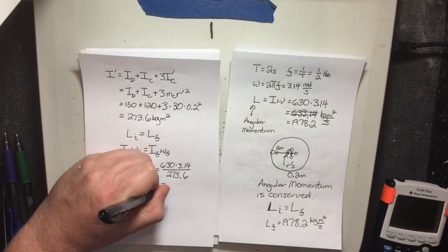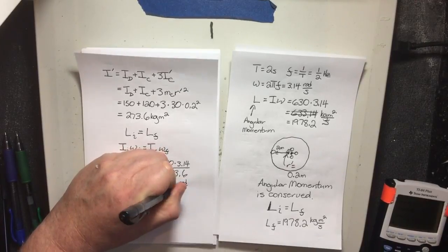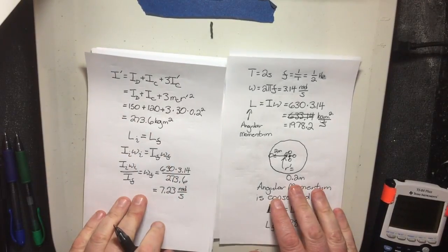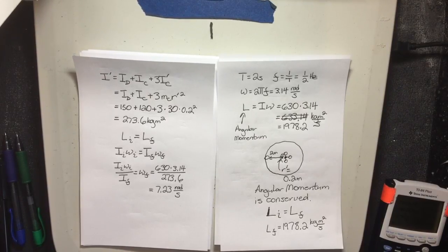And I get 7.23 radians per second. So this thing was initially turning at the rate of 3.14 radians per second. Now it's turning at the rate of 7.23 radians per second.